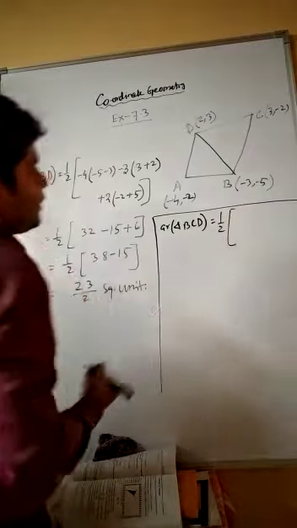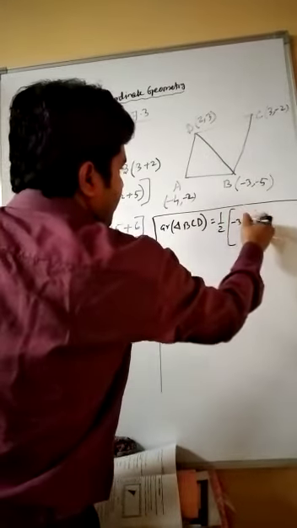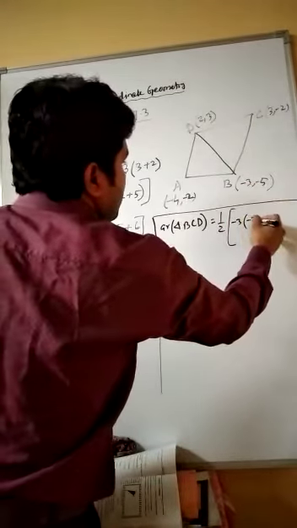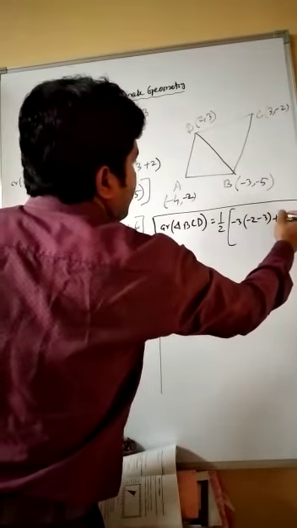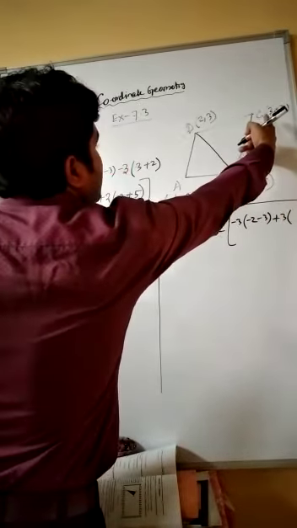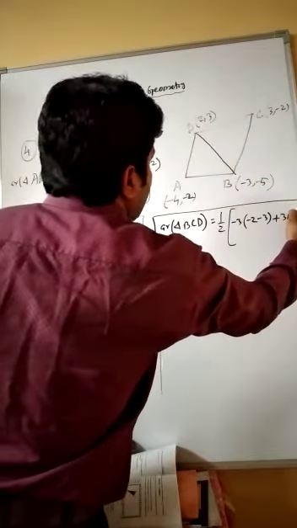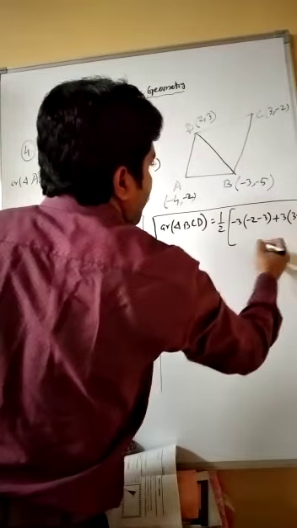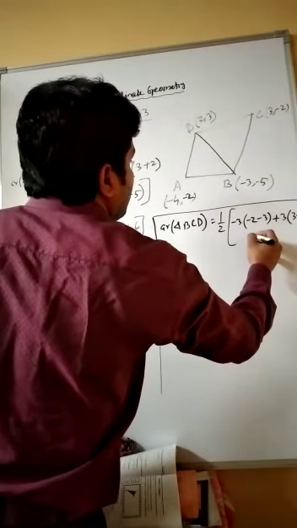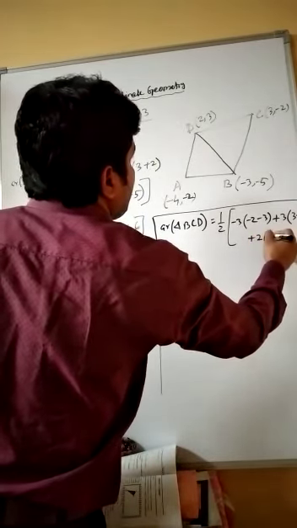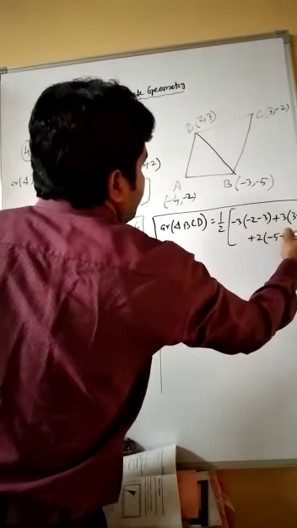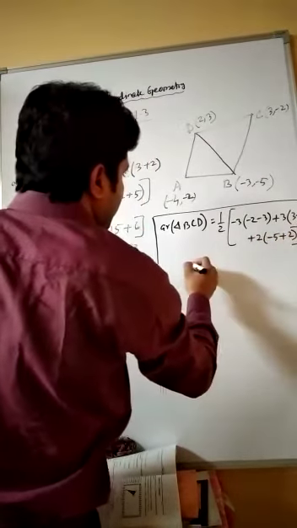Half of x1 times 2 minus 3 plus 3, 3 is the x2, y3 minus y1, that means 3 plus 5, and then plus 2 minus 5 plus 2, that is the formula.